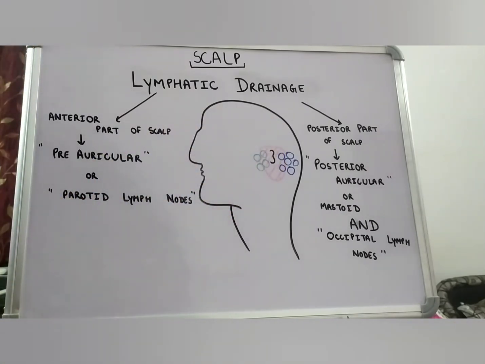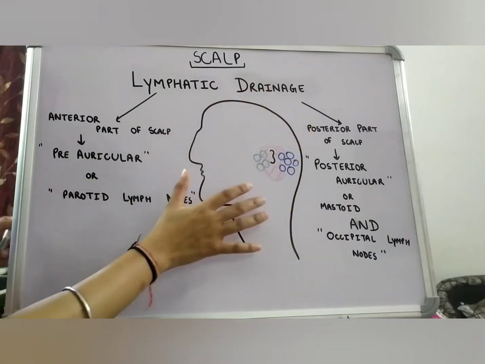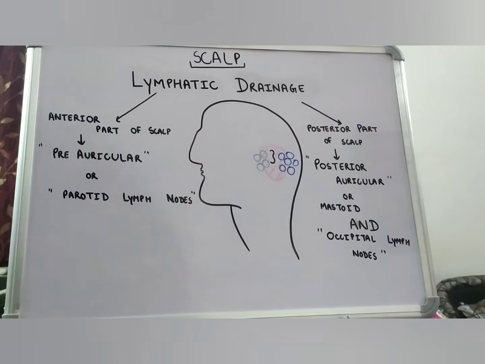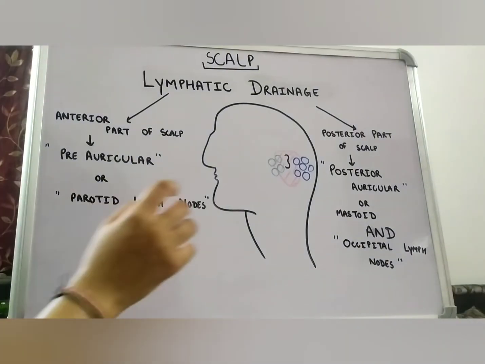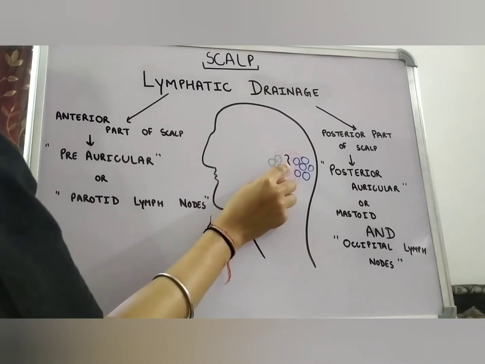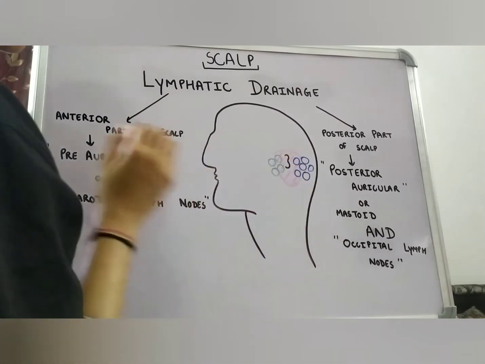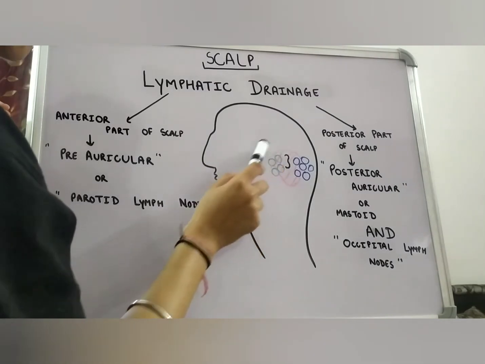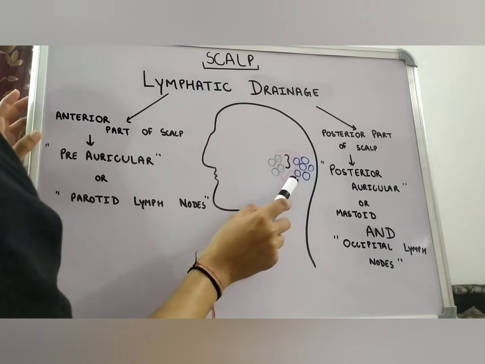So before proceeding, first of all I would like to explain this diagram and focus your attention on it. Okay, so first of all, this which you can see is the ear auricle. You can see two sets of lymph nodes, one group in front of the ear auricle and another group of lymph nodes behind the ear auricle.